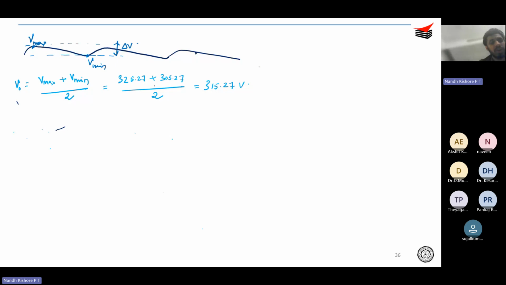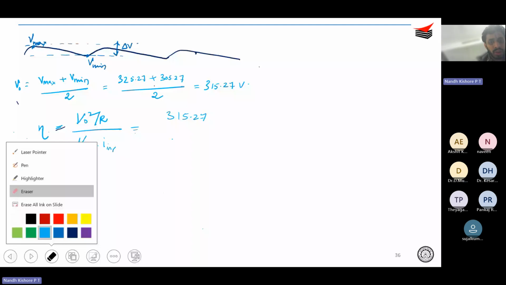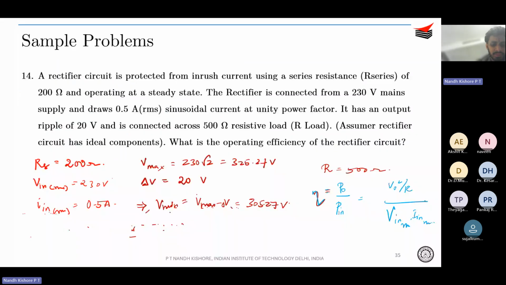Now that this is known, efficiency can be simply calculated as V naught square over R divided by V in RMS into I in RMS. So 315.27 squared over R, which is 500 ohms, divided by V in into I in.